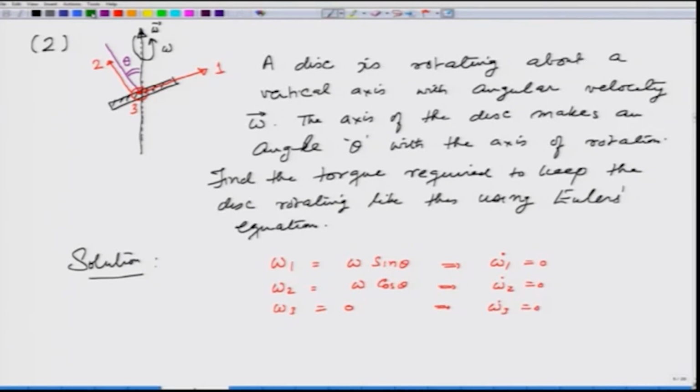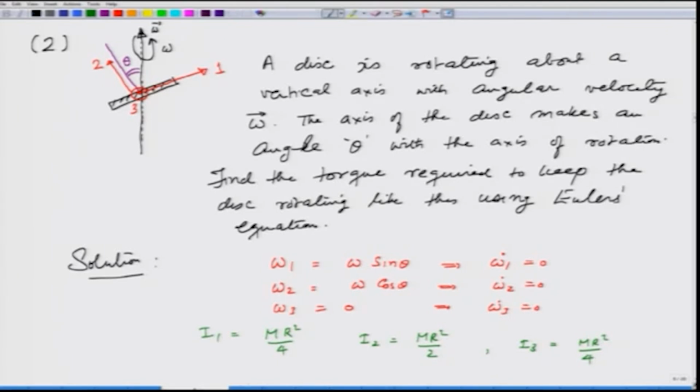In the same manner, I1 is the moment of inertia about one of the diameters, and this is going to be m r square by 4. I2 is the moment of inertia about the axis of the disk, and this is m r square by 2, and I3 is again moment of inertia about one of the diameters, and this is m r square by 4.